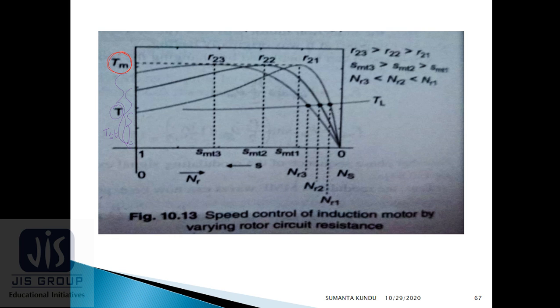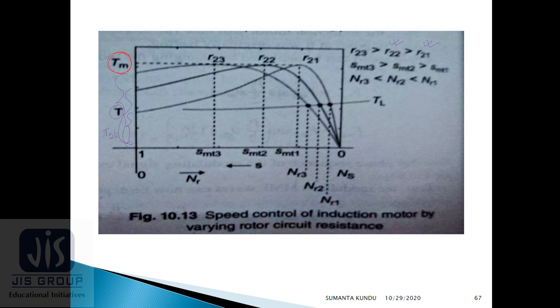So there are three different torque versus speed, or torque versus slip characteristics. And this characteristic is basically for three different resistances, which are R23, R22, R21. Now R23 is greater than R22 and R22 is greater than R21.